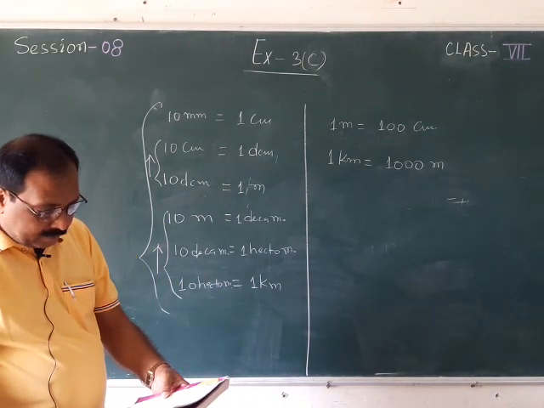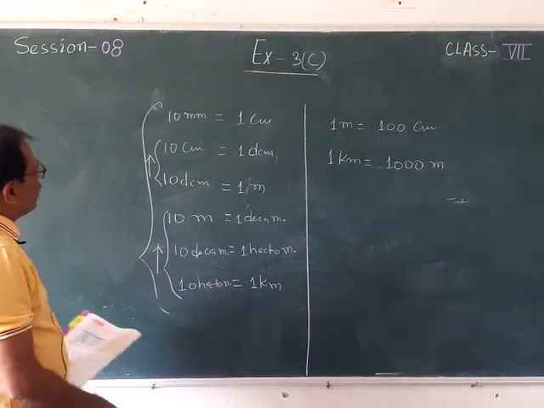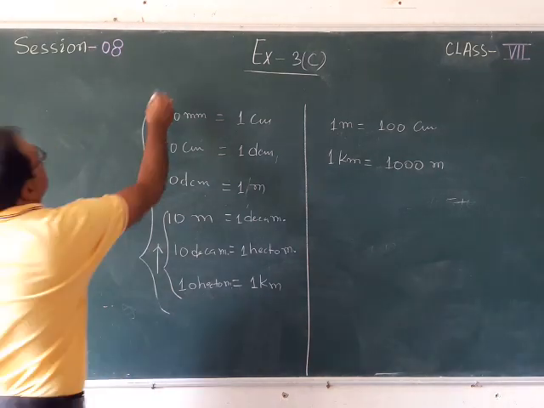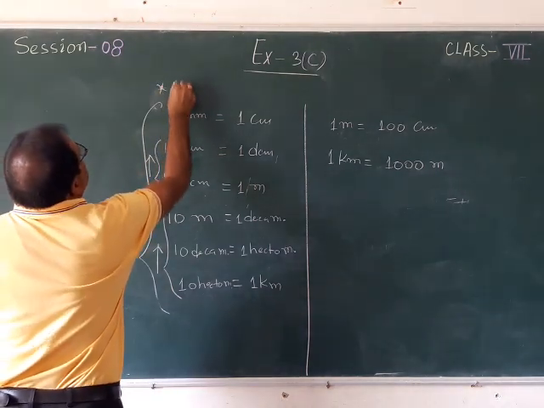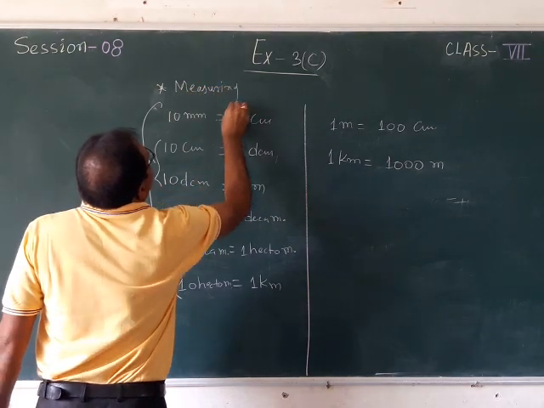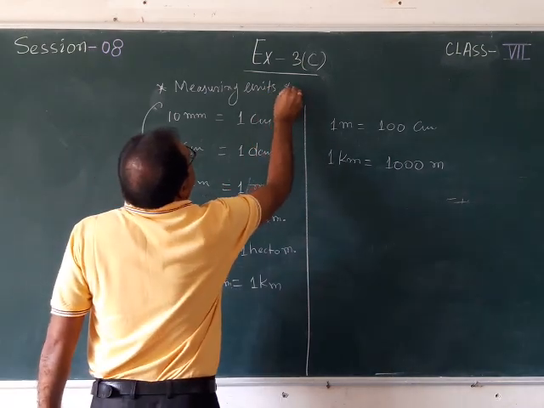So this is the relation of measuring units. These are the measuring units and their relation. This is known as measuring units and their relation.